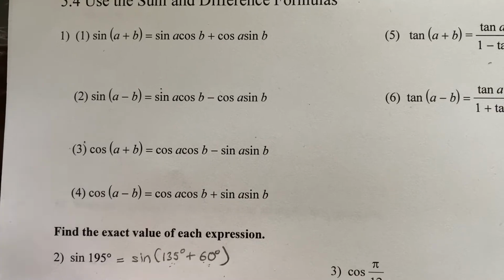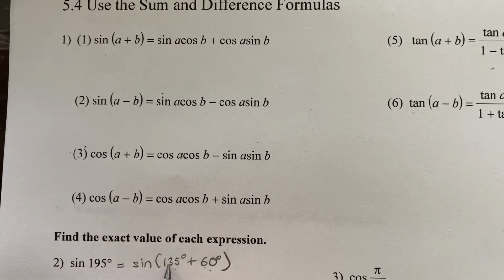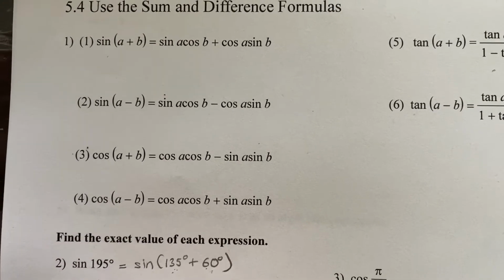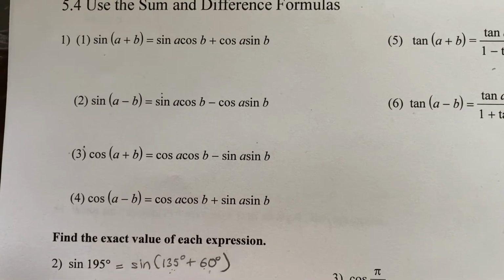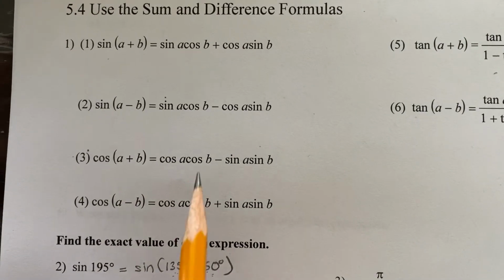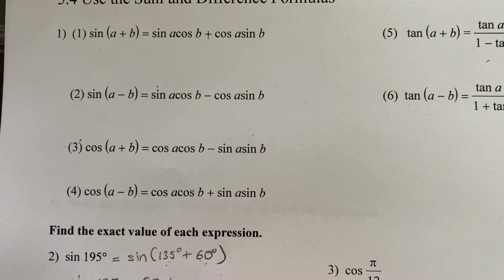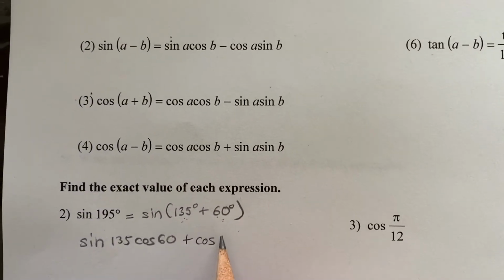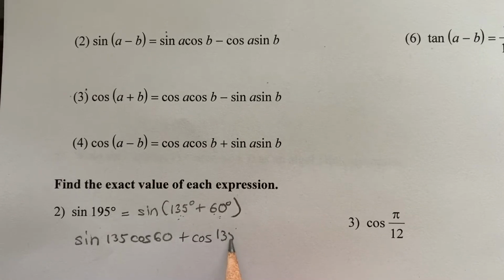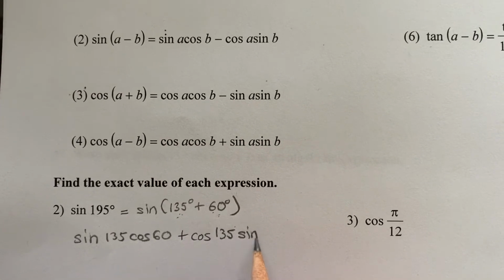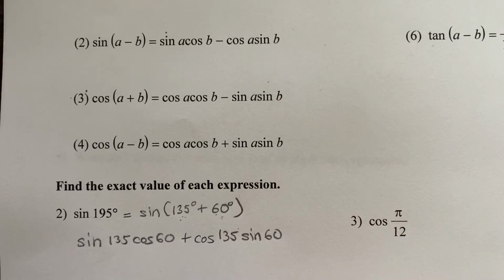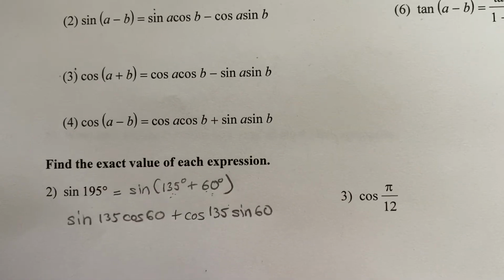So it's basically going to be the sine of the first angle, which is 135, times the cosine of the second angle, cosine of 60, plus cosine of the first angle times the sine of the second angle, sine of 60.